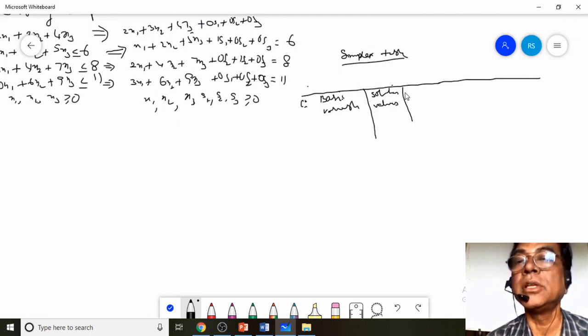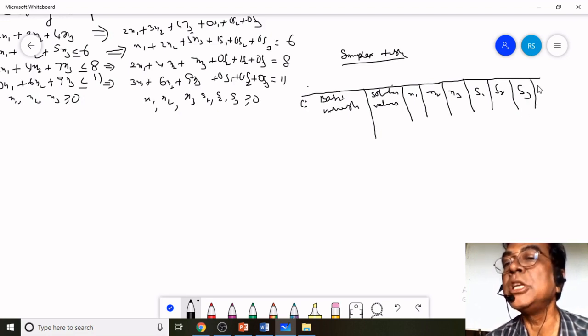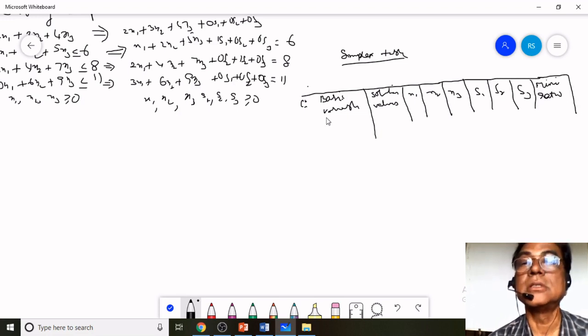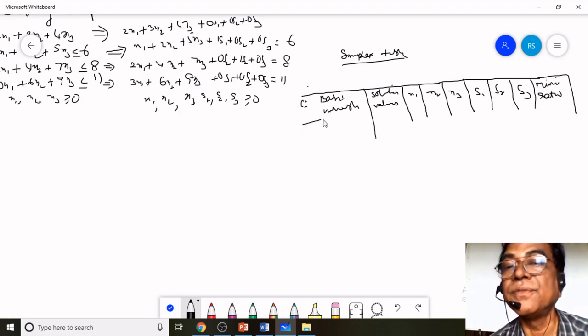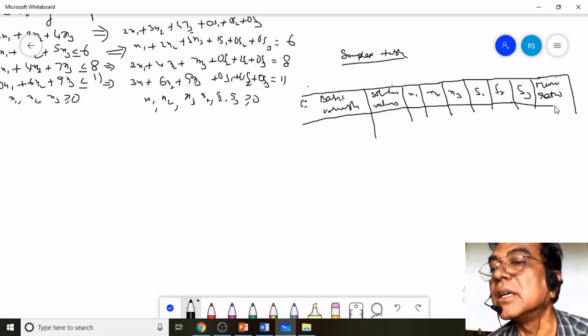Next, 3 variables: x1, x2, x3, s1, s2, s3. The last column is the minimum ratio. So this is a standard and fixed tabular form in the simplex method.